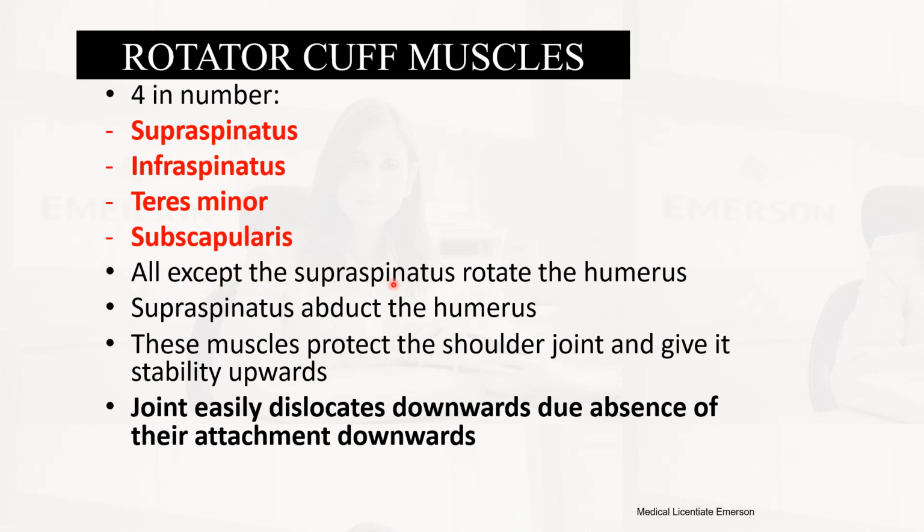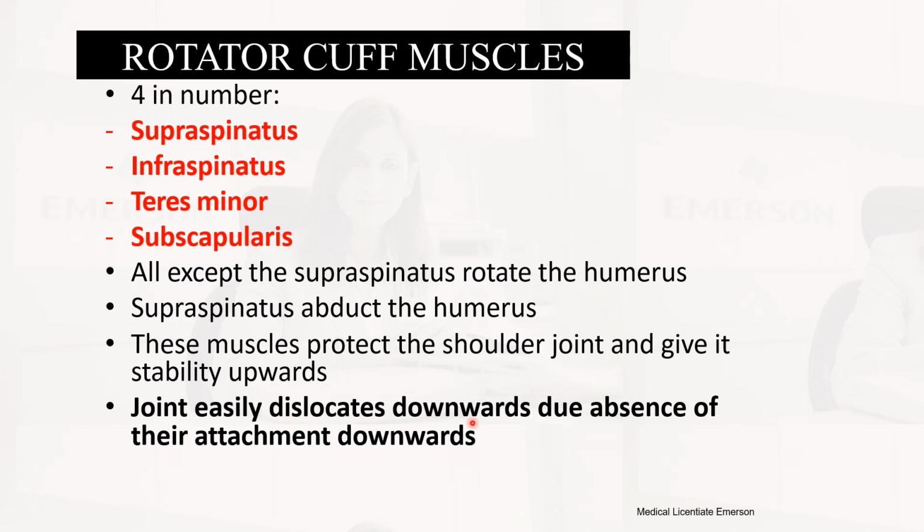All except the supraspinatus rotate the humerus, while the supraspinatus abducts the humerus. These muscles protect the shoulder joint and give it stability upward.